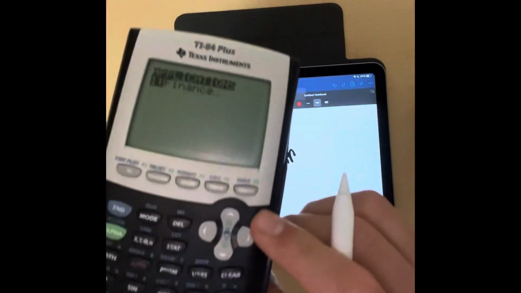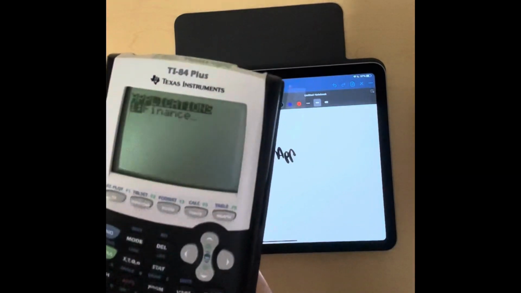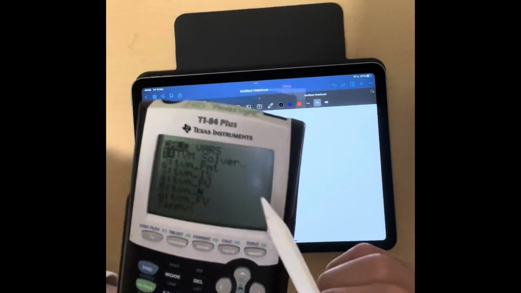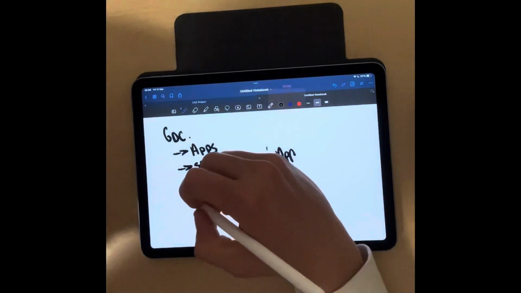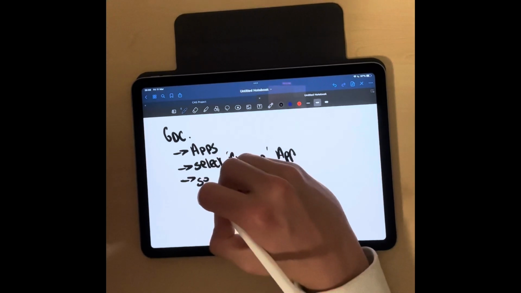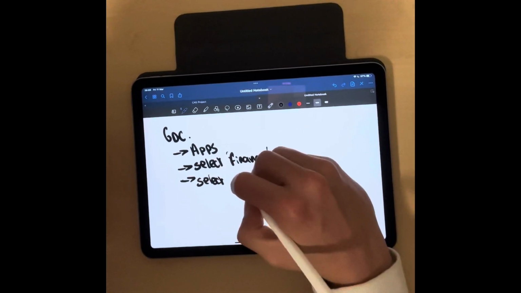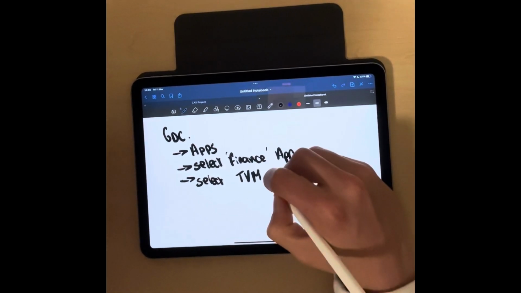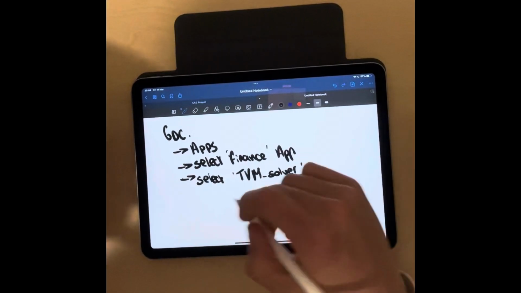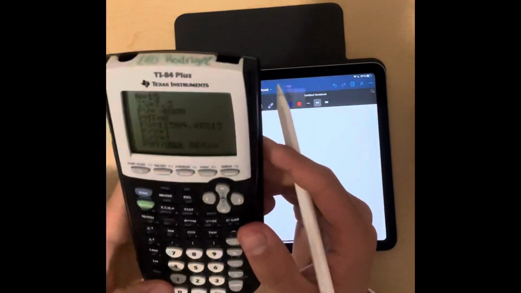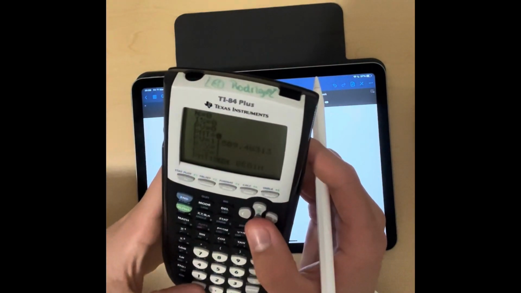As you see here, select finance app, enter, and go to the first option, TVM solver, right? So I'll write it here: select TVM solver. Okay, so once you're here, right? Let's put this all to 0.